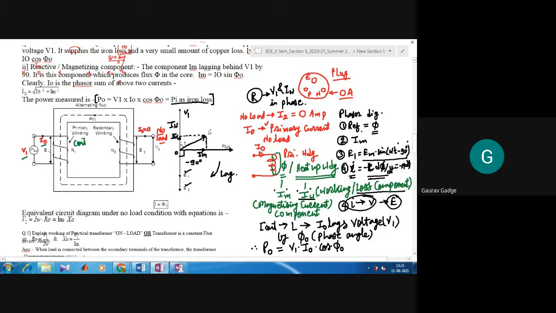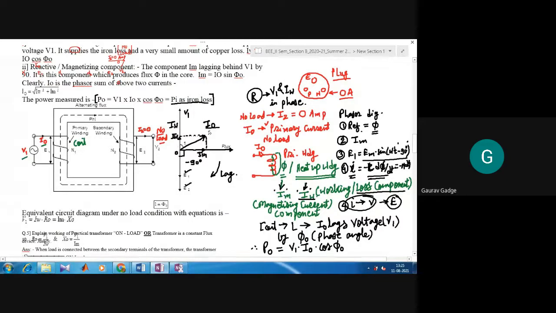And what does that resultant vector indicate? I naught. I already said I naught. See, I naught has two components. One is IM, another is IW. So IM is on the positive x-axis, IW is on the positive y-axis, and the combination of both, that is the resultant, is I naught. Now, what is the phase angle?